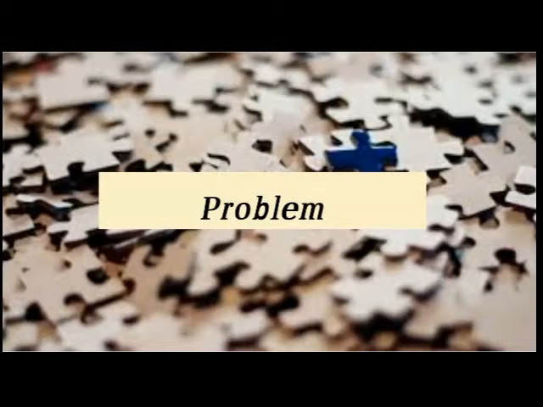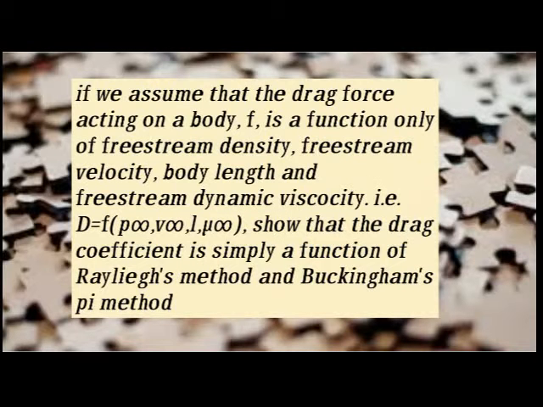Okay, now I will proceed with the problem that I chose. Assume that the drag force acting on the body, D, is a function only of the free stream density, free stream velocity, body length, and the free stream dynamic viscosity.